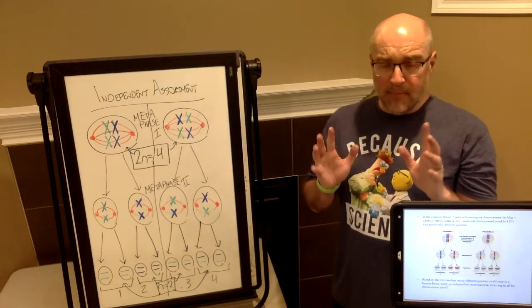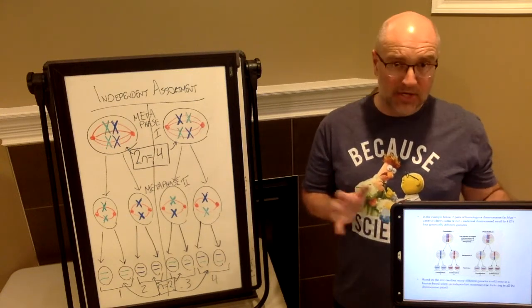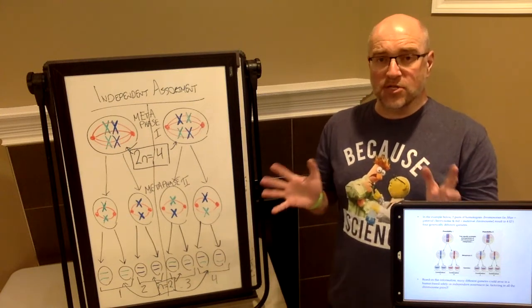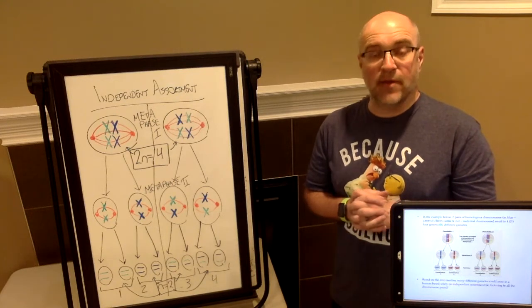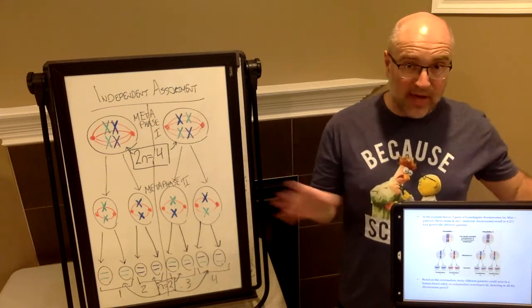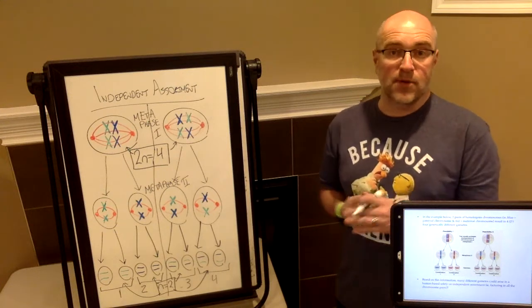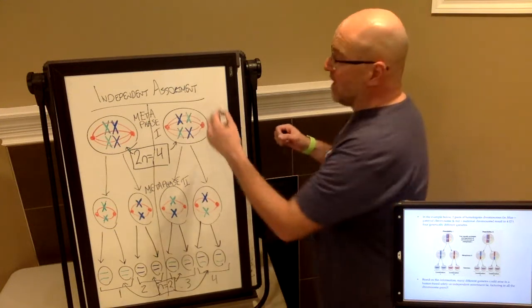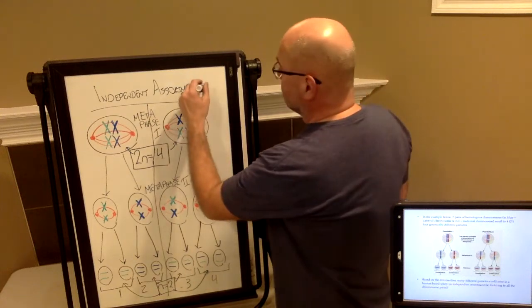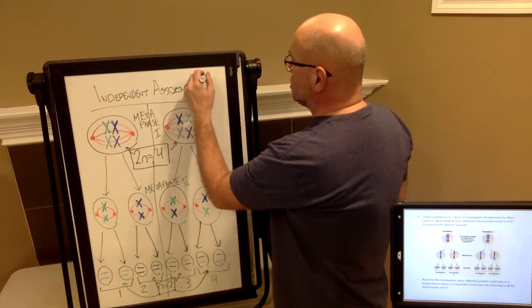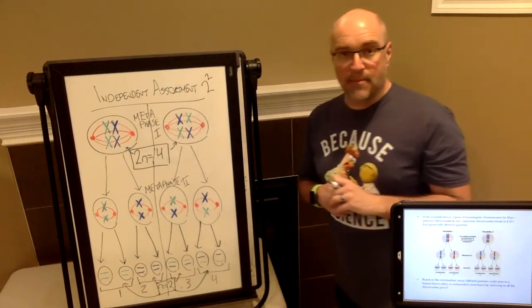But there is actually a very easy way to determine the possible genetic combinations depending on the number of chromosome pairs. In this case, we determined that a 2n equals 4 cell has 4 possible combinations. The reason for that is you can do some math on this, and it's simply going to be 2 to the second power.